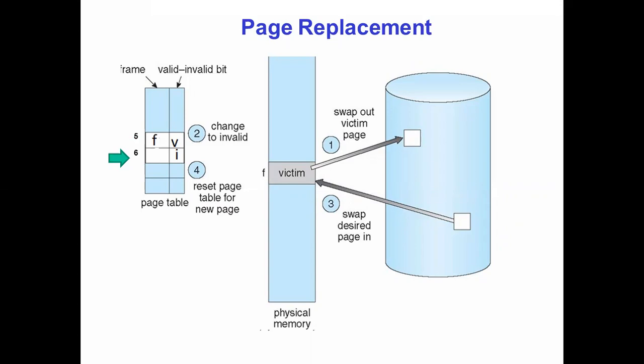Then that condition arises, which is called the page fault condition. So the process stops at that time, and with the help of the page replacement algorithm, the operating system can easily replace the page in the free frame.